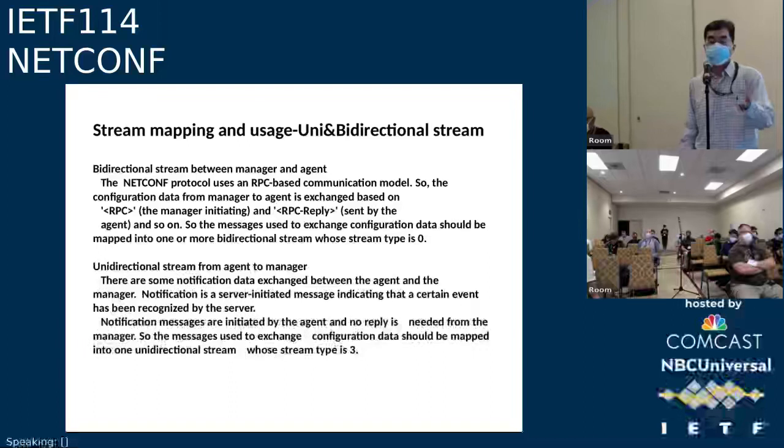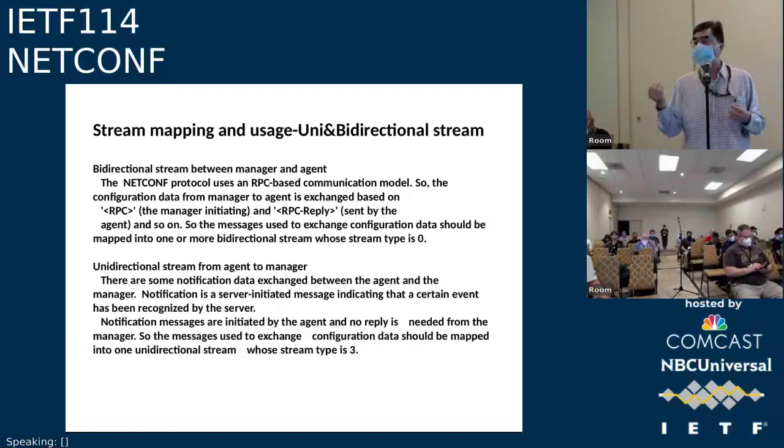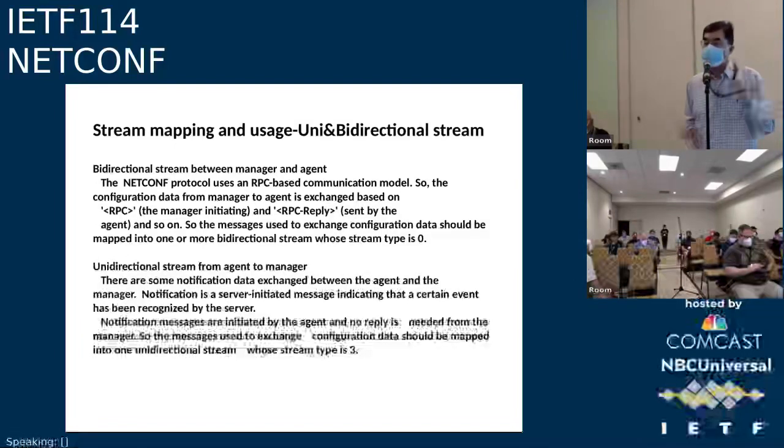So basically, this gives more details about the two types of communication or streams. One is bidirectional in NETCONF. This bidirectional communication can easily map to QUIC stream IDs, because in the QUIC stream ID, there are the last two bits, and those last two bits indicate whether this stream is unidirectional or bidirectional.